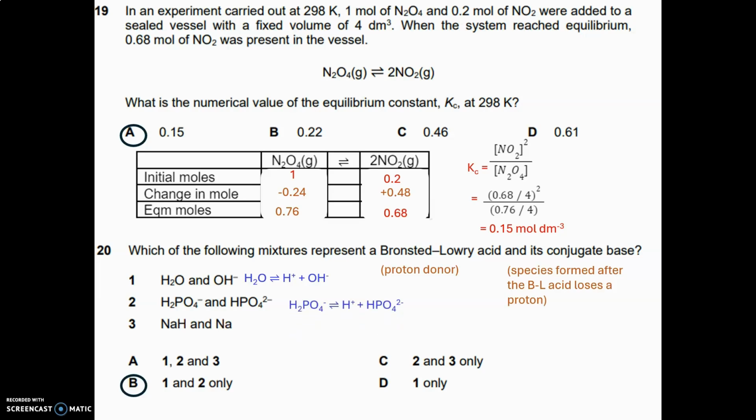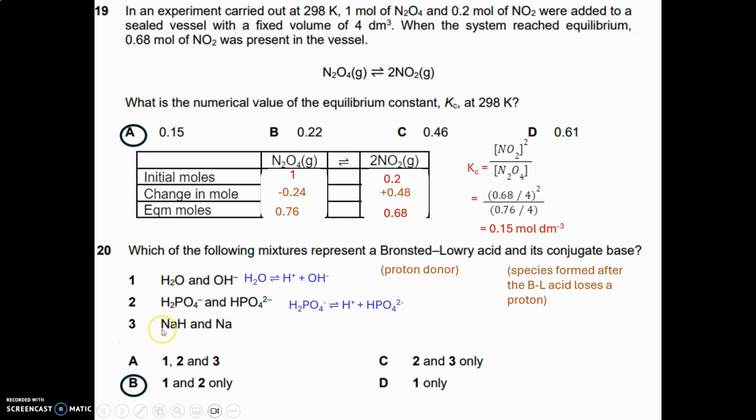Similarly, for the second one, we have H2PO4 minus. It dissociates to form H plus and HPO4 2 minus ion. So again, this one is a mixture of a Bronsted-Lowry acid and its conjugate base.